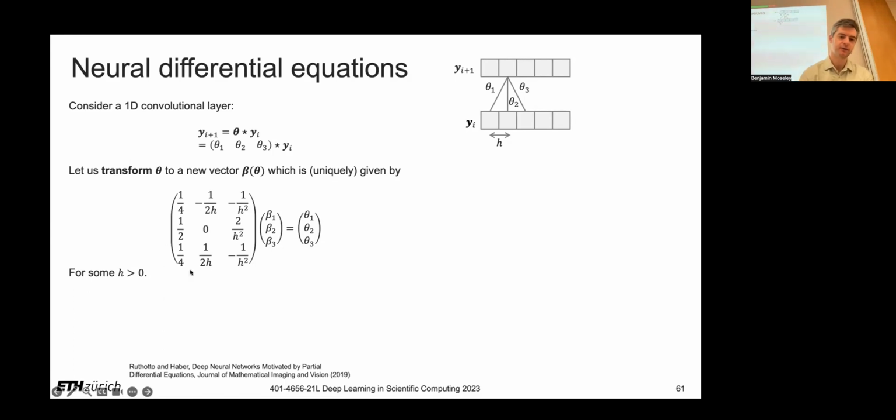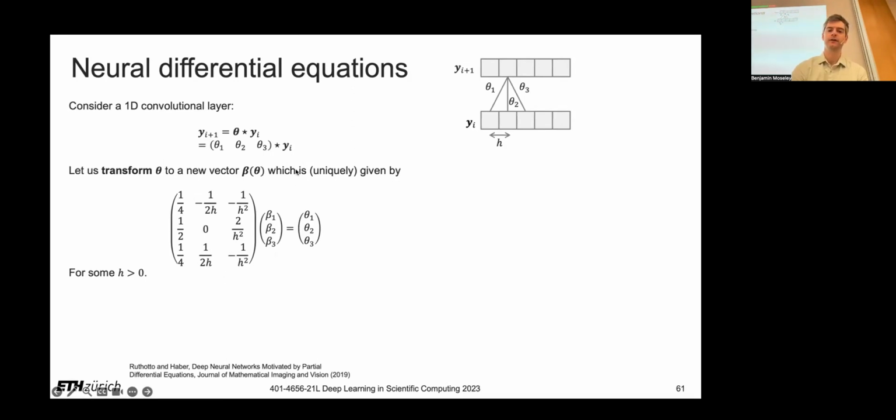So I've chosen some fairly, it seems, arbitrary numbers inside this matrix, with this value of h. We're going to interpret h here as the spacing between the elements. So if y here is actually a function of x, h would be the spacing of the y values when we've discretized y. It's going to become clear why we chose these numbers in a minute.